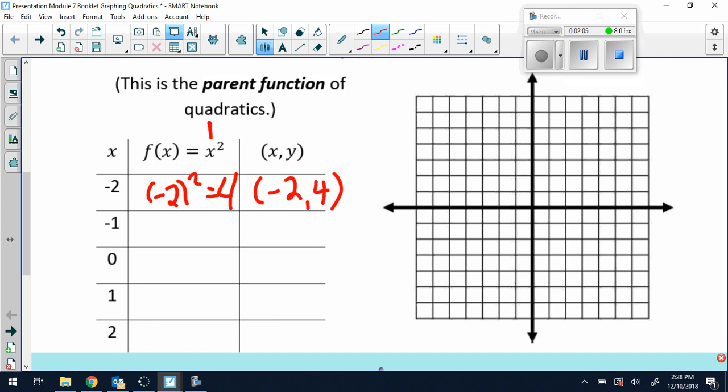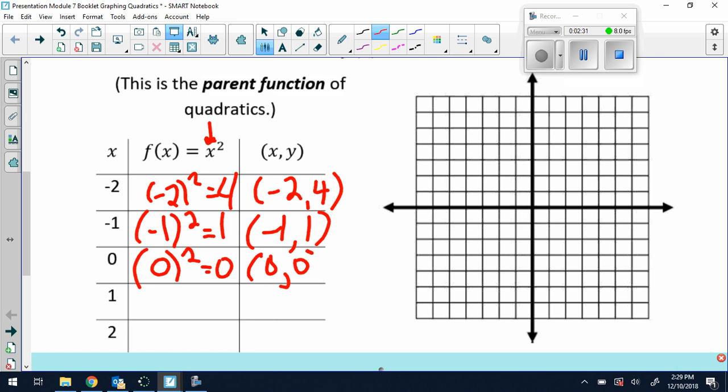Now I'm going to plug -1 in. Again, I'm plugging it in right there. So I'm taking out the x, I'm plugging in -1, and that's giving me 1. So that ordered pair is -1, 1. Now I'm plugging in 0, so I'm taking out the x, and plugging in 0, 0 squared is 0.